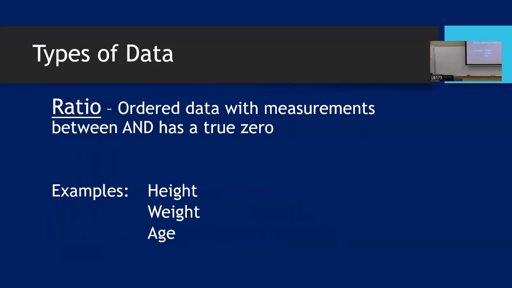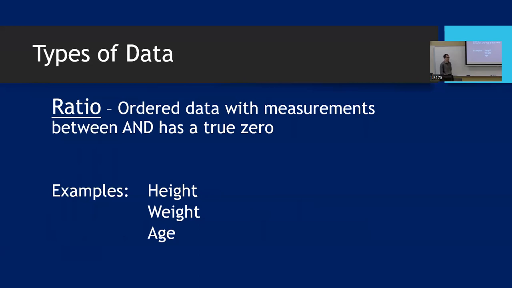And then the thing with all of the data types, with all of the nice properties, those are called ratio, right? Ratio data is ordered. There's measurements between, and we have a true zero. Things like height and weight have a true zero. Age has a true zero. Can't be negative years old.